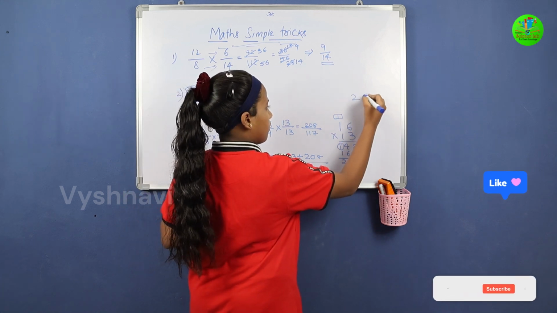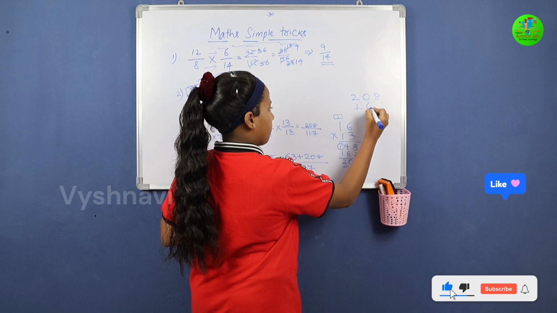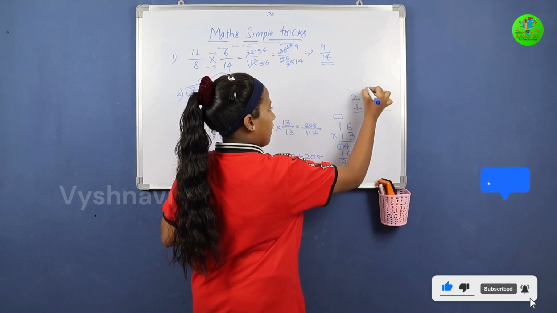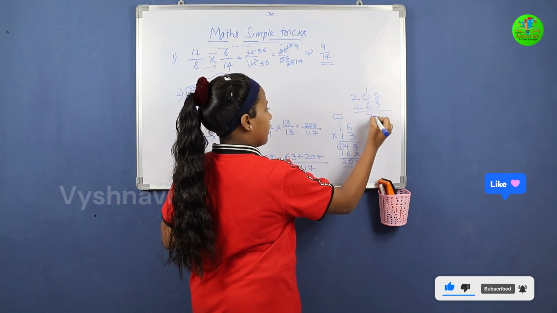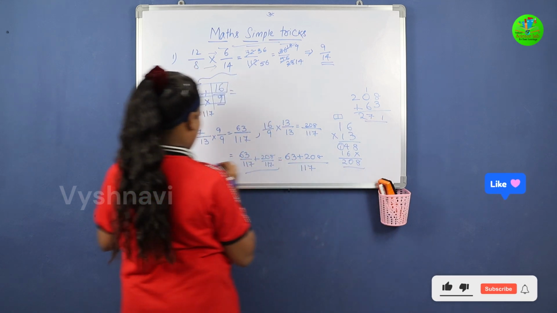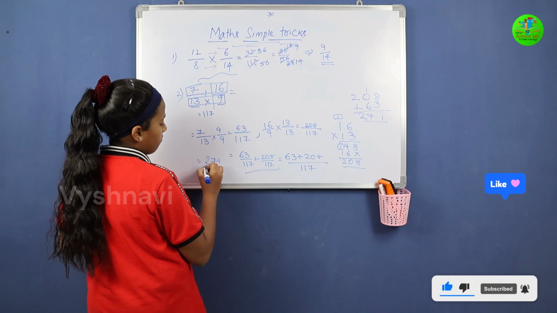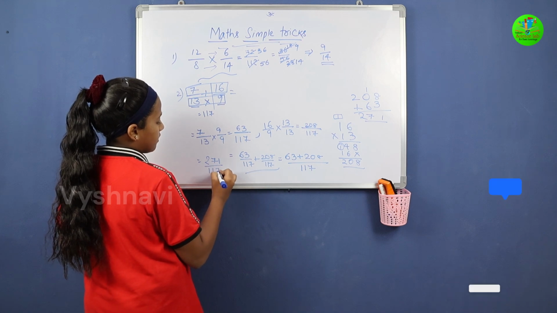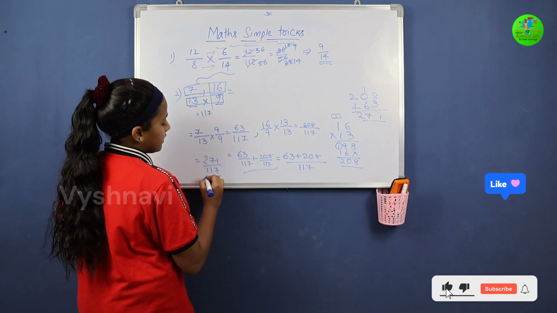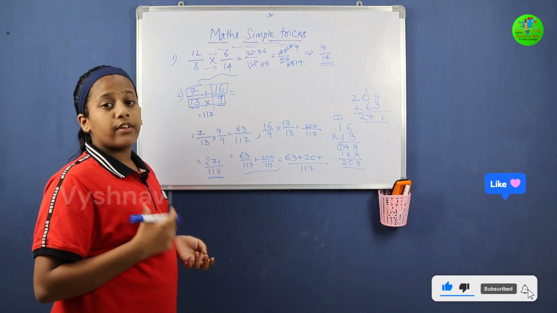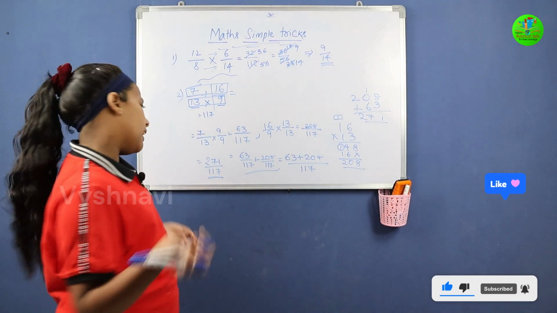Let us do. 117, 271. And this is the answer. But in this we will get the answer in decimal form. Let us do.